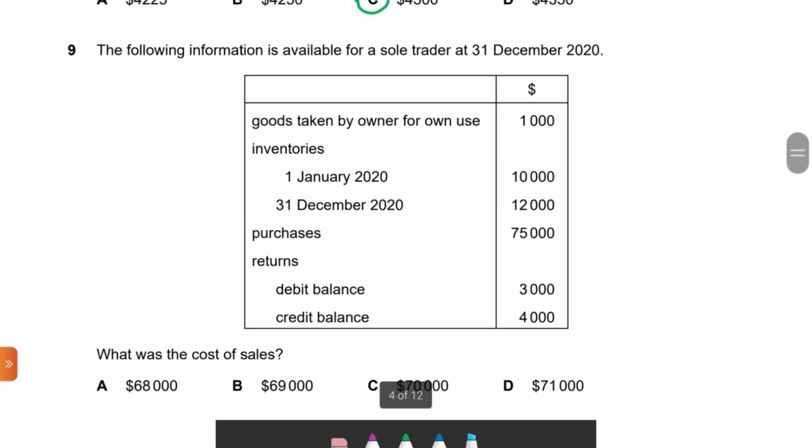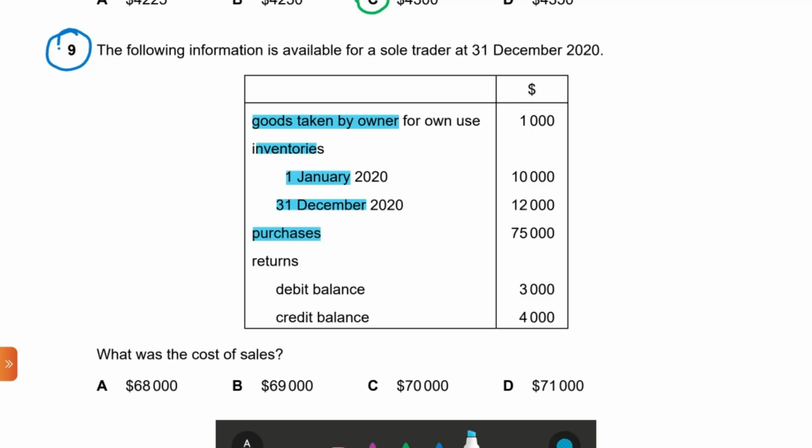Next, question number 9. Goods taken by owner for own use, drawing, is 1,000. Inventory on 1st January is 10,000. On 31st December it is 12,000. Purchase is given. Returns, debit balance, credit balance.